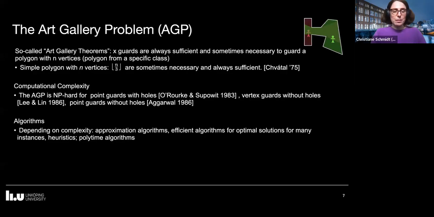That's something I at least have not looked at, but the other ones. For very restricted classes of polygons, we can have polynomial-time algorithms, but that's rather rare for the art gallery problem. What we're also often interested in are structural results about the visibility, the properties of specific visibility types in polygons.